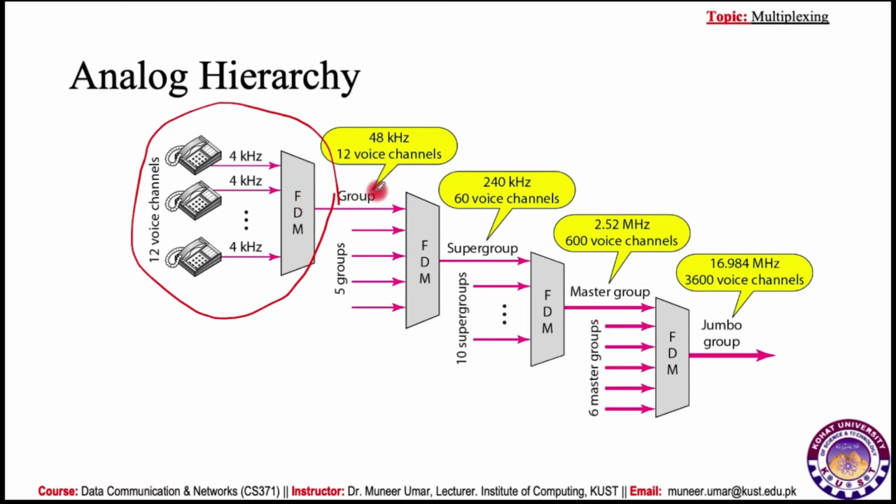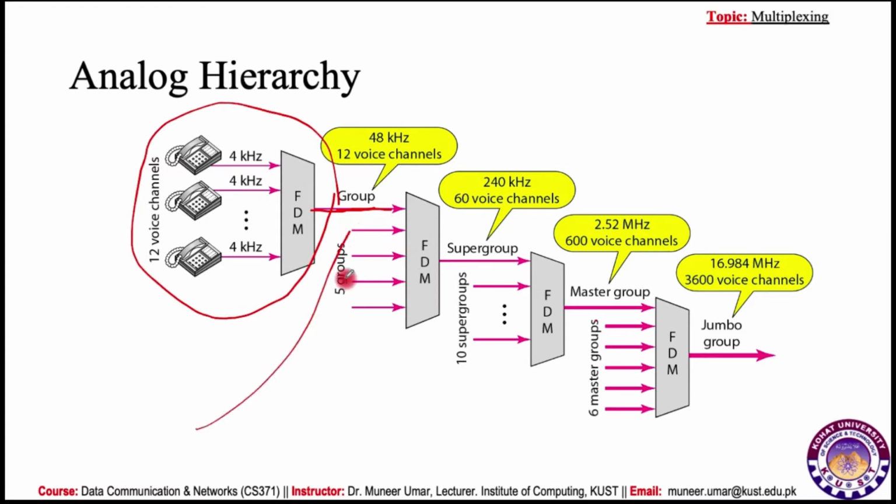Here, if you look into this diagram, we have 12 voice channels connected with an FDM, and these 12 are multiplexed and further connected to another FDM. So these 12 are making a 48 kilohertz channel, which is connected to another FDM. This FDM is taking 4 more groups just like this one.